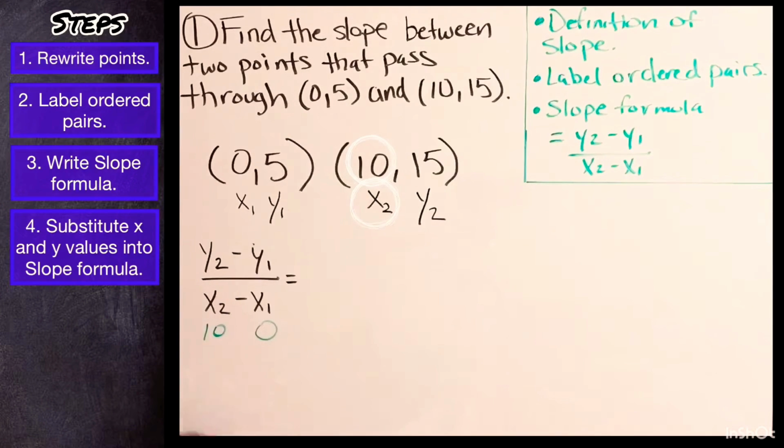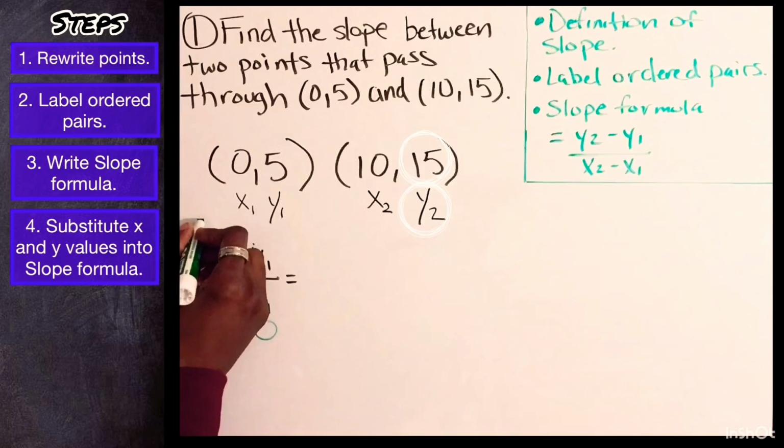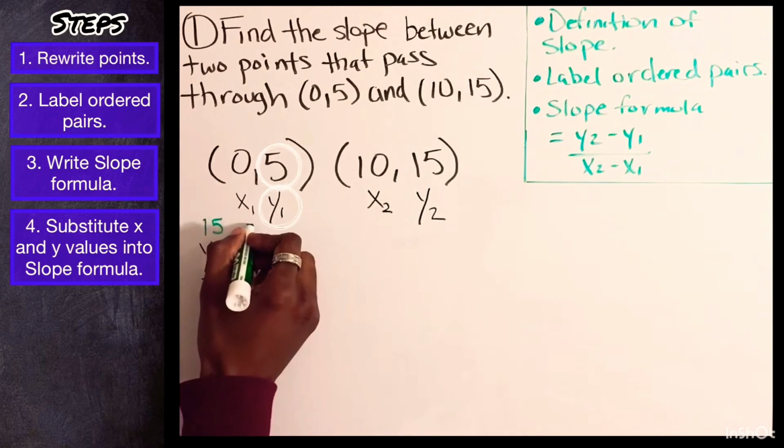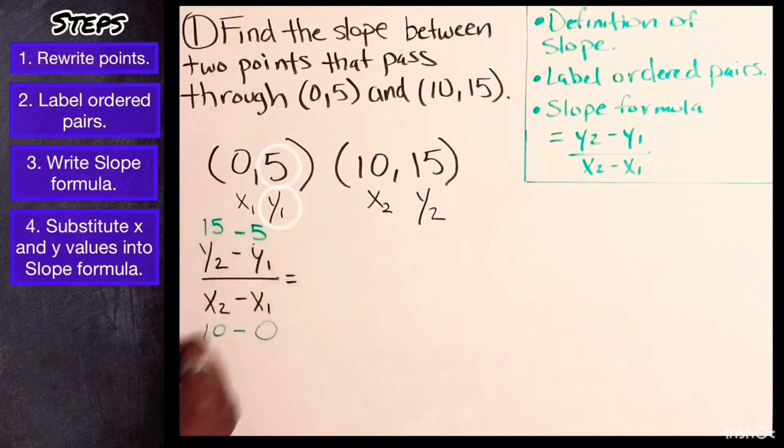And I'll keep this minus sign. And then if you look above, you see that we still need y sub 2 and y sub 1. Now y sub 2 equals 15, so I'll put a 15 there, and y sub 1 equals 5. We're getting all of this from what we labeled earlier.